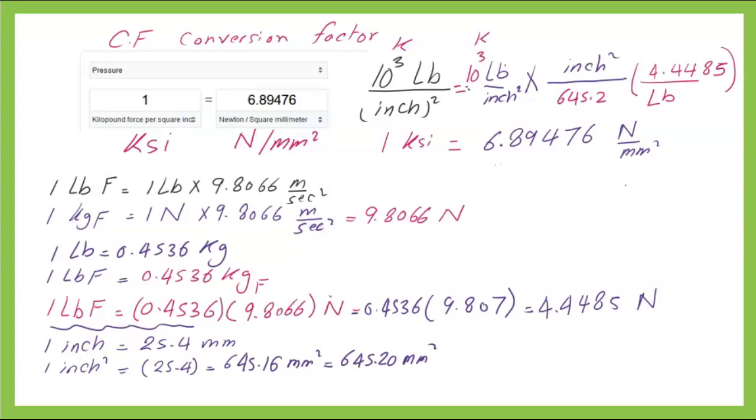We return to 1 KSI, which is 1 kilopound per inch square. 1 inch square is equal to 645.2 millimeter square. We can derive the expression that 1 KSI equals 6.89476 Newton per millimeter square.